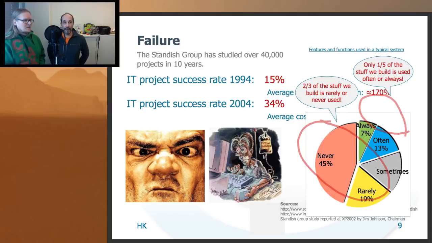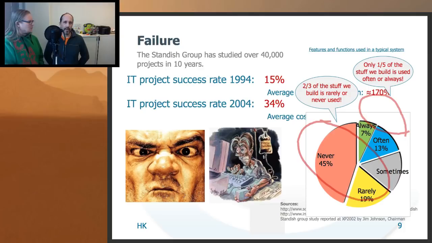Basically, why something like this was needed. IT projects are, or have been, really famous for failing. This is some pretty old data, but old data is needed now because this is the era before Agile. There's the Standish Group, I don't know, is this a consultancy company or something? Yeah, I think so.